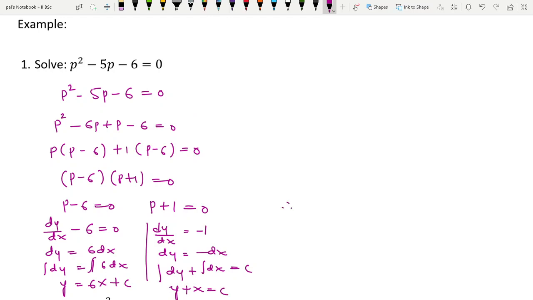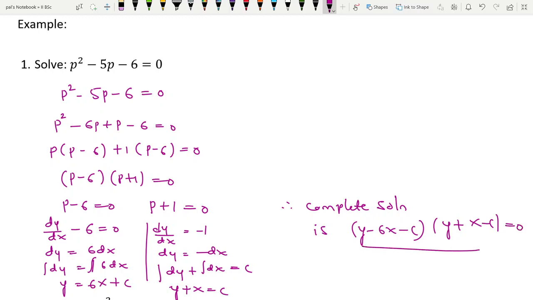So therefore the complete solution is y minus 6x minus c, and we can write y plus x minus c is equal to 0. This is the complete solution of this equation.